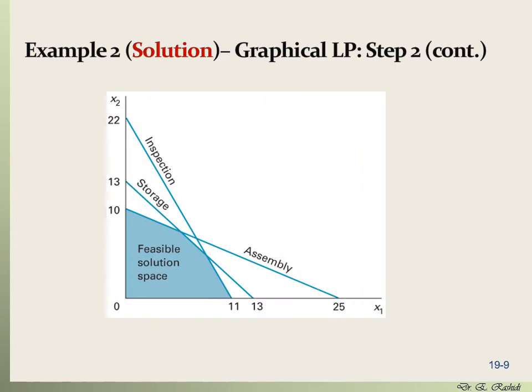So this is what we get. We implemented the three inequalities, the three constraints, and our feasible solution is shown here by the shaded blue area. Now the next step is to find the optimal solution.